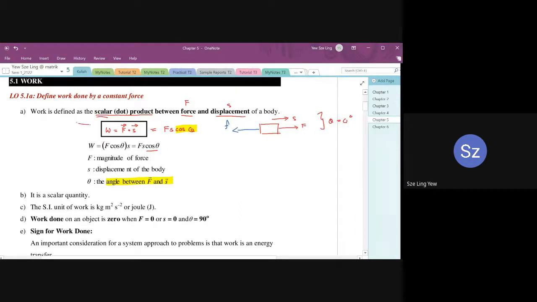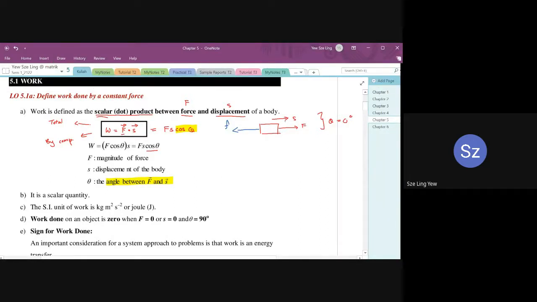By component, if you have 5 forces, you have to calculate for all 5 of them, repeating 5 different times. If you're looking at total work done, you can use the net force.